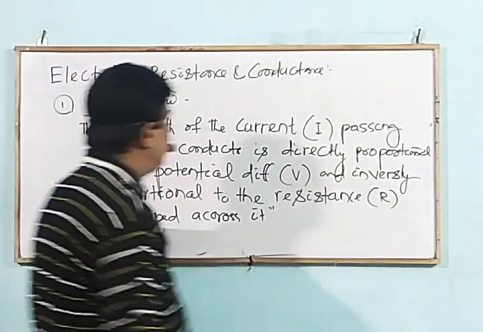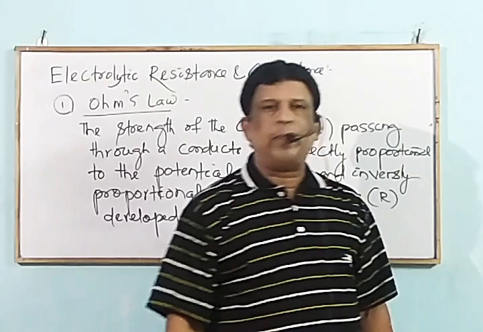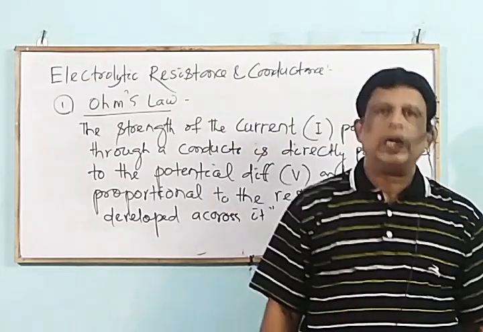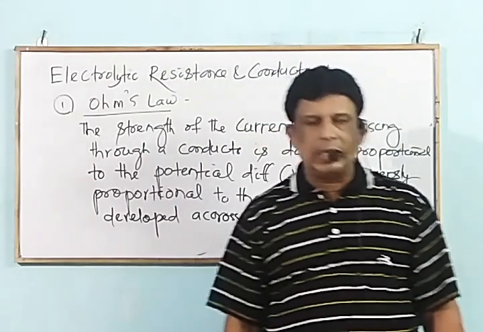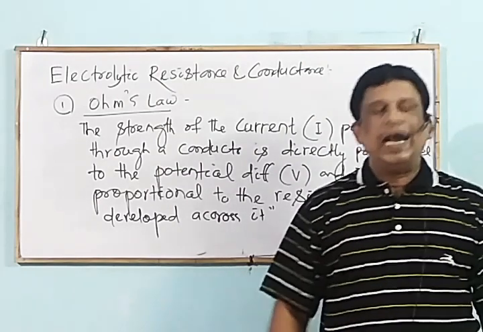Mark that. The strength of the current passing through a conductor is directly proportional to the potential difference and inversely proportional to the resistance.